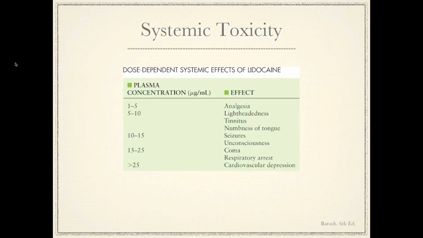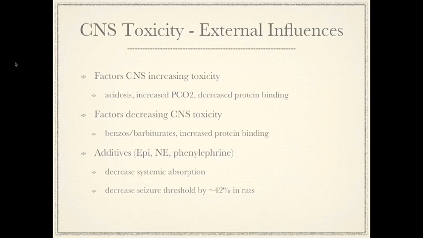Also notice that higher drug levels are needed for cardiac toxicity as opposed to neural toxicity, which can happen at lower levels of drug. And the potency of a local anesthetic in terms of its ability to cause analgesia actually correlates with how toxic the local anesthetic is. So there are different factors that can affect the toxicity of a local anesthetic in the central nervous system.